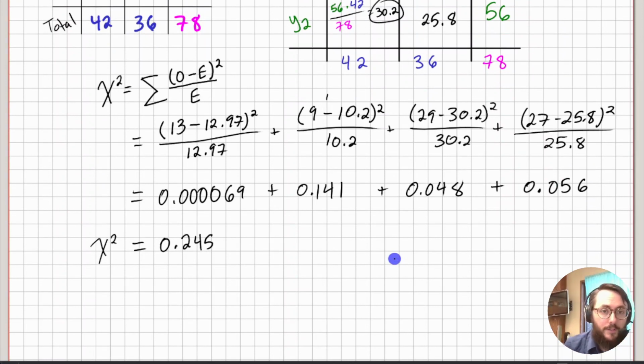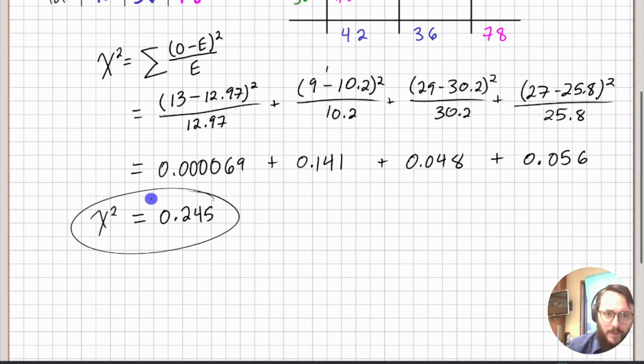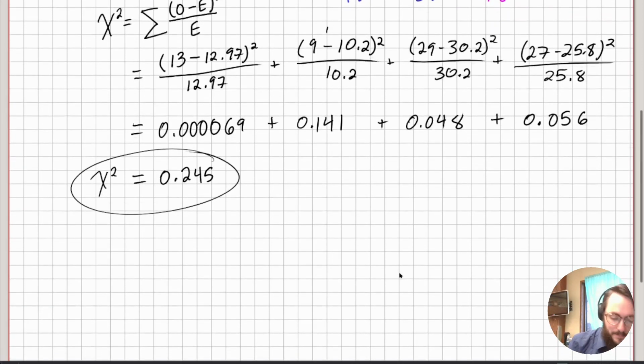Same thing applies for goodness of fit. Now we get our final chi-squared value of 0.245, which we can already know is not going to give us a statistically significant result. We are going to fail to reject the null hypothesis, regardless of what degrees of freedom we have, because it's so small.